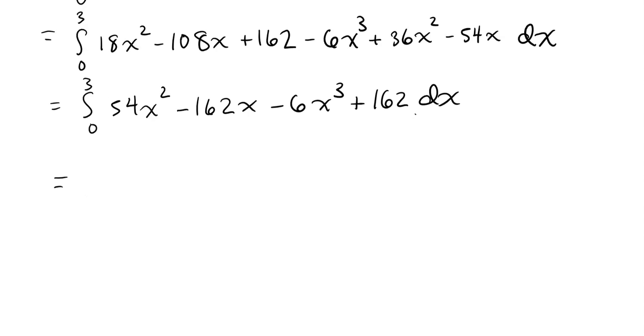So then if we do the integral, 54 divided by 2 is going to be 27. Oh, except, just kidding, we have to divide it by 3. We can do this.